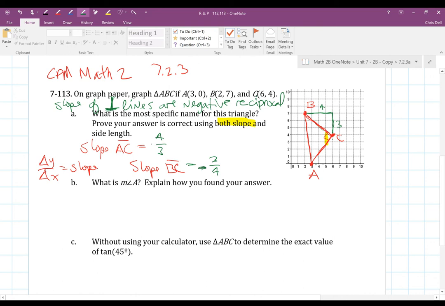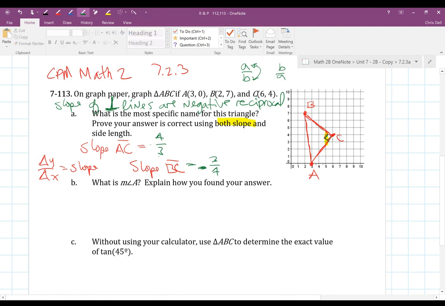Sure enough, one's positive here, one's negative here. And reciprocal means it's the flip flop, right? You take a fraction, A over B, and its reciprocal would be B over A. So look, I've got 4 over 3 and 3 over 4. So that definitely tells me, based on their two slopes, that I have a 90-degree angle.